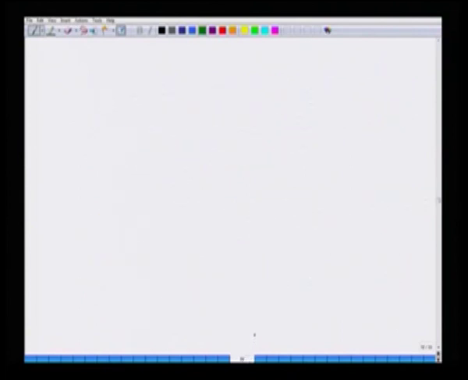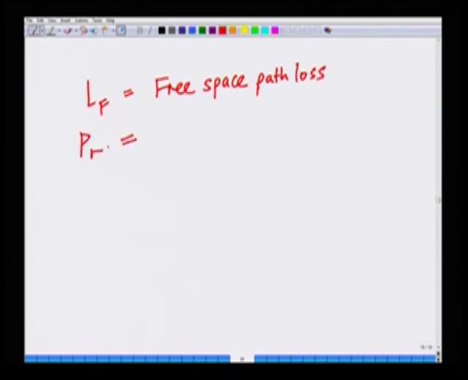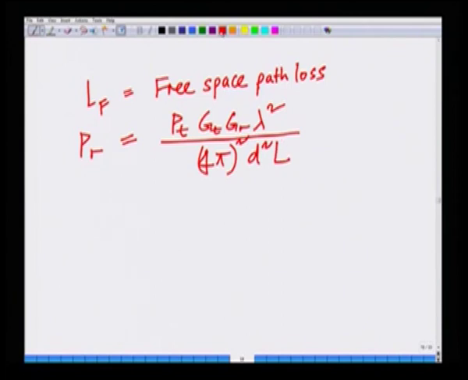For instance, let us go to the free space path loss. LF equals the free space path loss. We already said in free space the received signal power as a function of distance is nothing but Pr equals Pt Gt Gr lambda square divided by 4 pi square d square L, where Pt is the transmit power, Gt is the transmit antenna gain, Gr is the receive antenna gain.